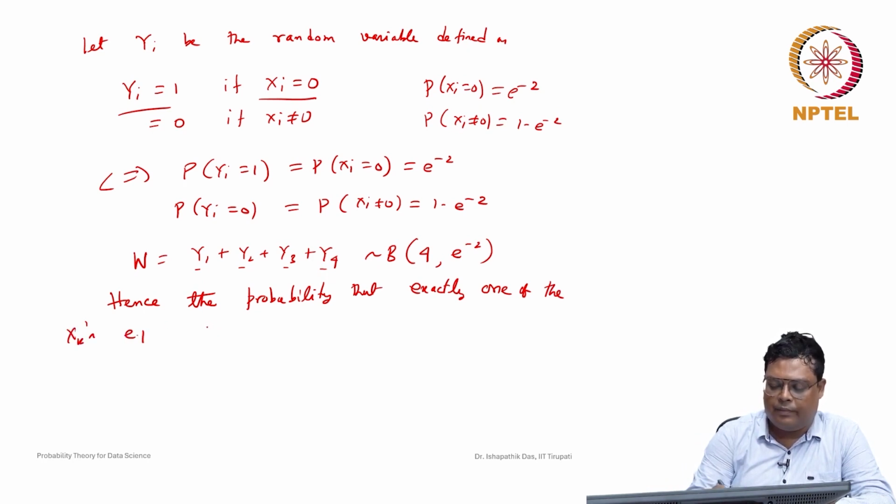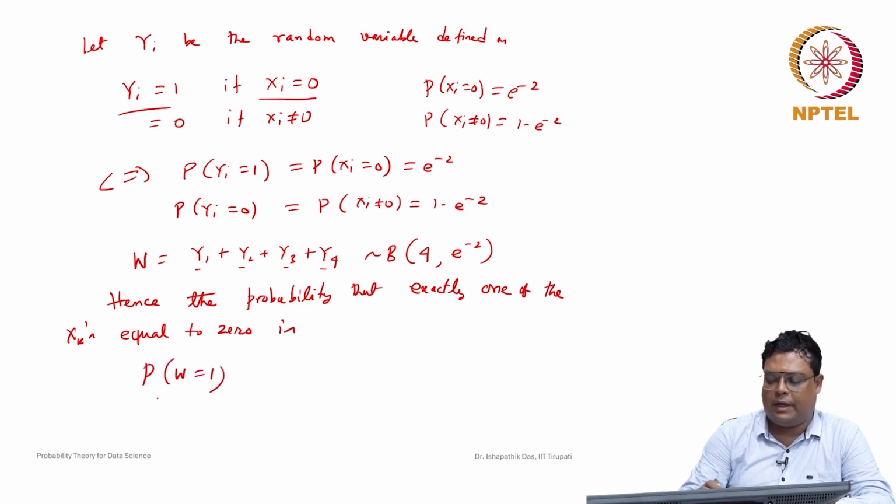This is nothing but the probability that w is equal to 1, because whenever one of the xk is 0, one of the y will be 1 and the remaining 0.